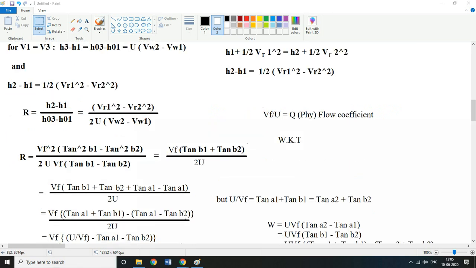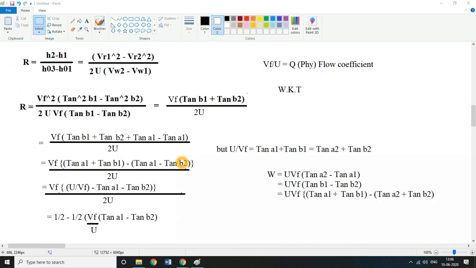Now, using the trigonometric relations that we have devised earlier, we can write VR1 as Vf tan beta 1, and similarly VR2 as Vf tan beta 2. Taking that substitution and another substitution for VW2, we'll simplify this to Vf tan beta 1 plus tan beta 2 divided by 2u.